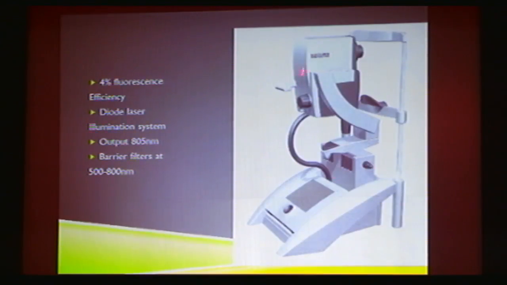We use the Heidelberg Retina Angiograph 2, HRA2 system, which has been working very well for almost 2 decades to give us various information about the structures, and it uses a diode laser illumination system with an output of 805 nanometers.